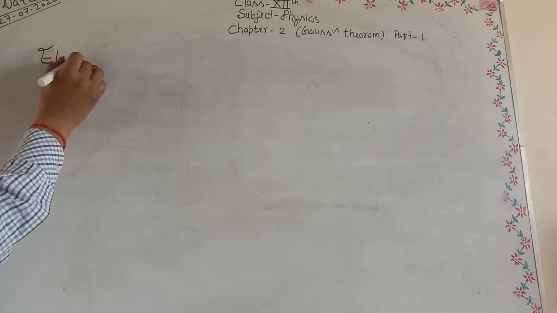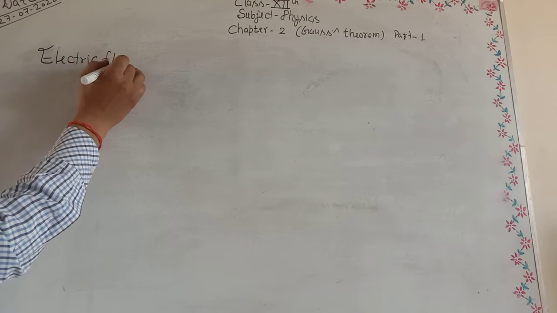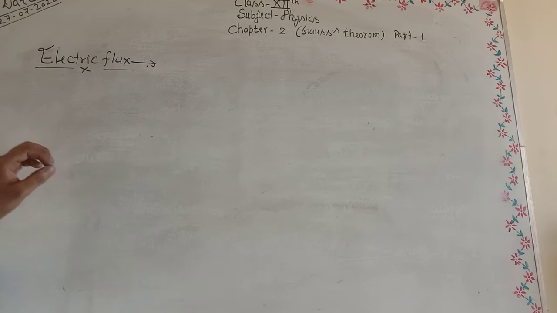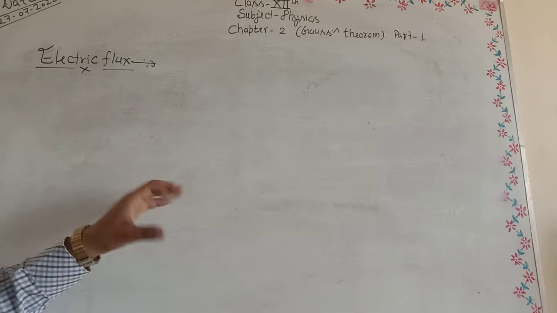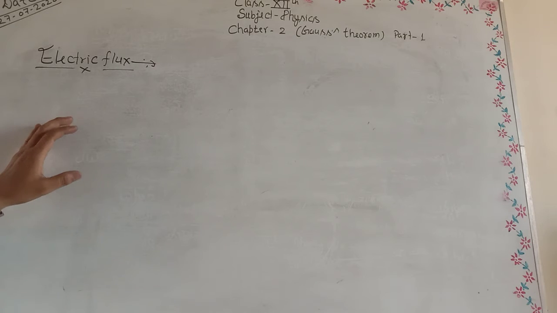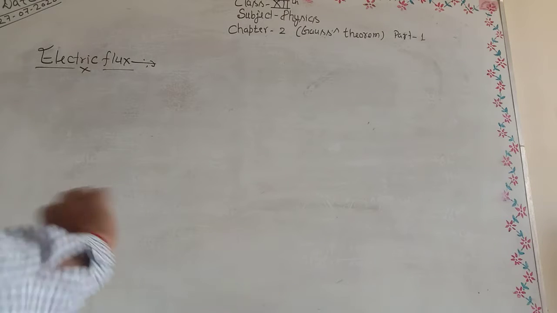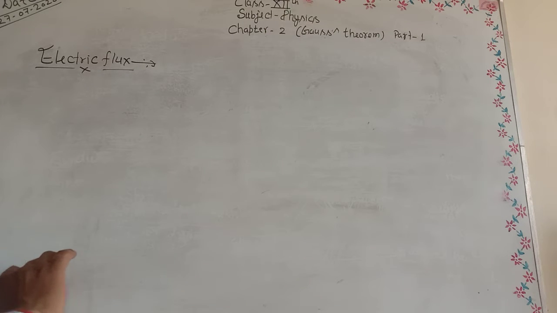Electric flux is a measure of the number of line of force passing through some surface held in the electric field. इलेक्ट्रिक फील्ड में रखे हुए किसी सरफेस से जितनी नंबर ऑफ लाइन ऑफ फोर्स पास होती हैं उसी को हम इलेक्ट्रिक फ्लक्स कहते हैं। और द स्केलर प्रोडक्ट E dot dA is defined as the इलेक्ट्रिक फ्लक्स थ्रू द सरफेस, it is denoted by phi e.